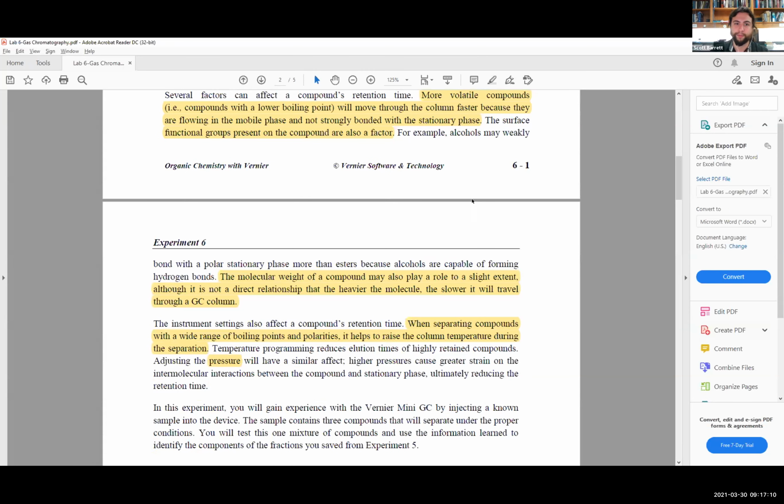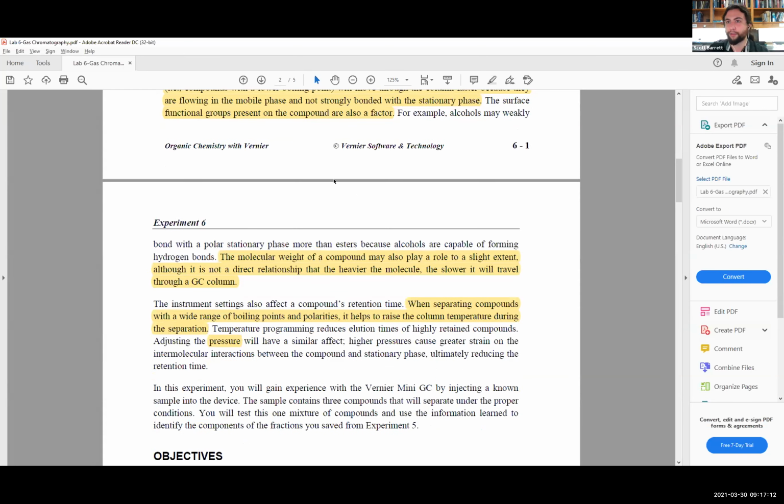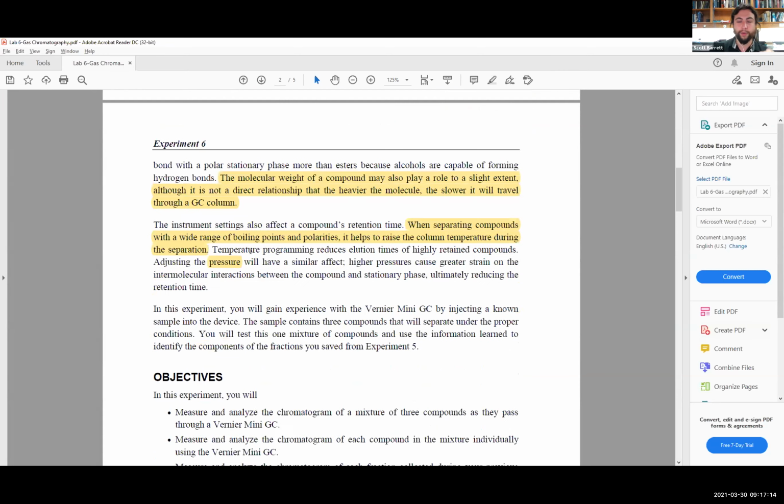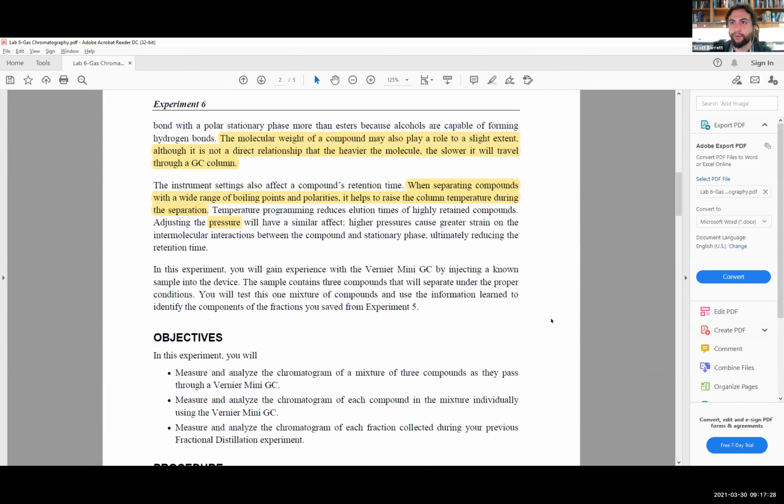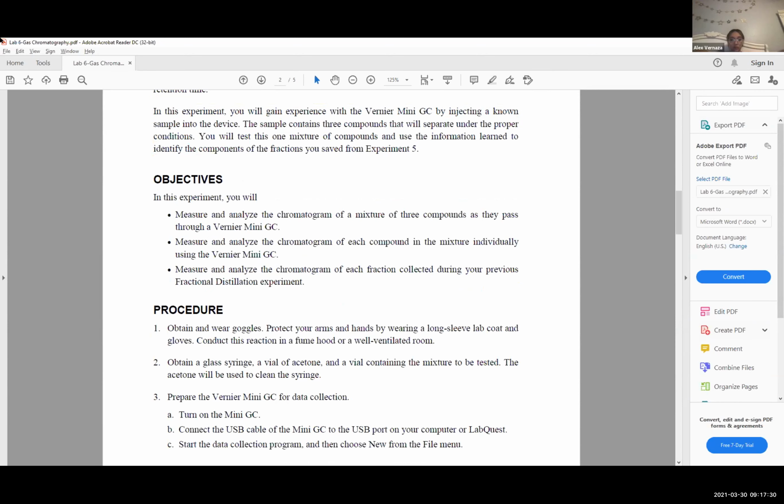And then the most minuscule thing we can think of is the molecular weight, which is most relevant if you're comparing two very similar molecules that maybe have one extra carbon chain or one extra functional group added onto it. Then the molecular weight would take precedence in determining the retention time.